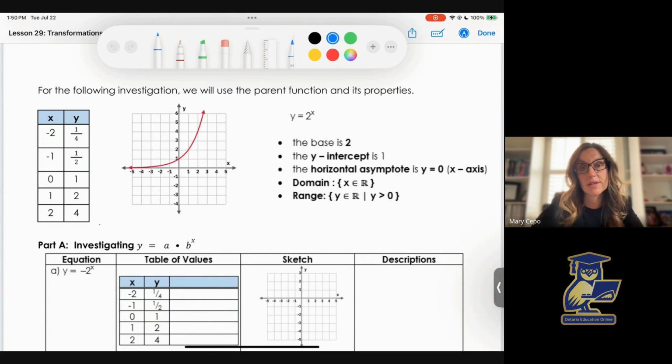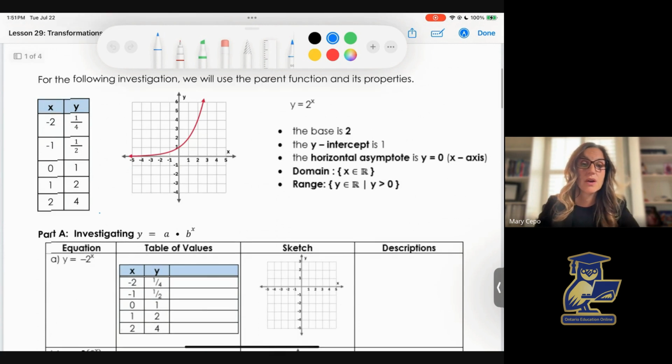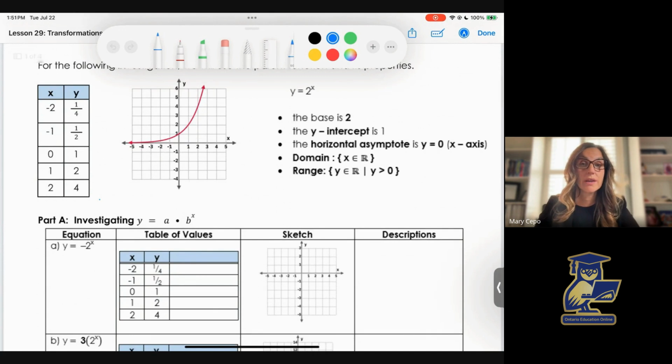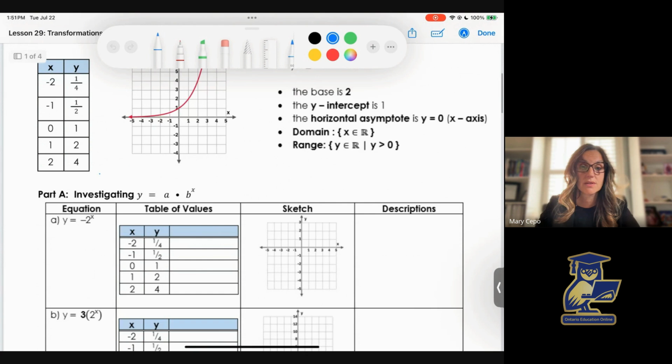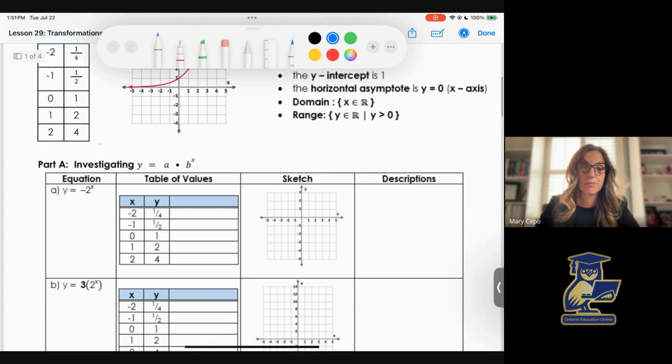The base is 2. The y-intercept is 1 because 2 to the exponent of 0 is 1. The horizontal asymptote is at y equals 0, which is your x-axis. The domain is x is an element of the reals, and the range is y is an element of the reals, but y cannot equal 0, because remember, we have that horizontal asymptote on the x-axis where y is equal to 0.